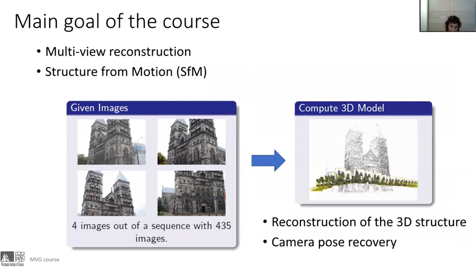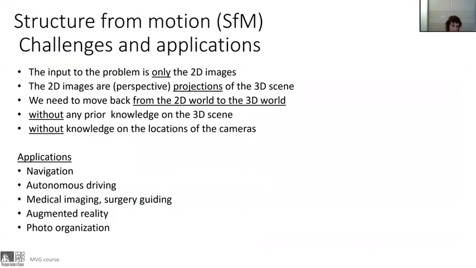Before we look at the pipeline of structure from motion, let's try to understand why structure from motion is challenging and what its useful applications are. Recall that the input to the problem is only 2D images, which are perspective projections of the 3D scene.